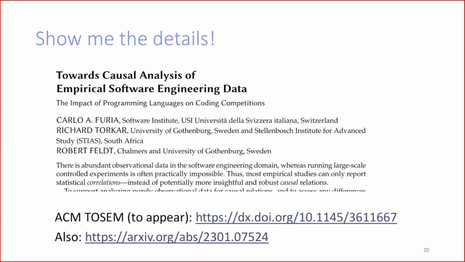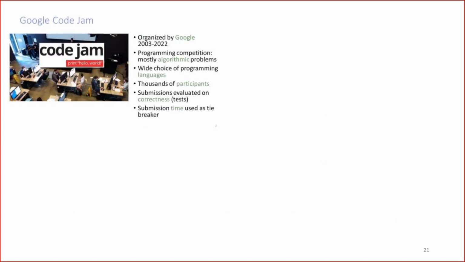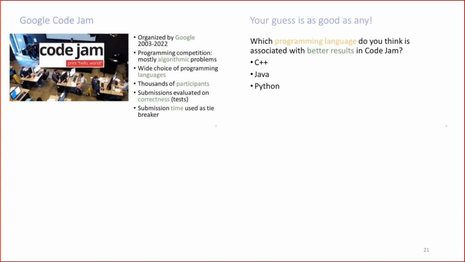And yeah, to sum up, I showed you two statistical analyses of data from the Google Code Jam competition. We wanted to figure out which programming languages were associated with better or worse results in this context.